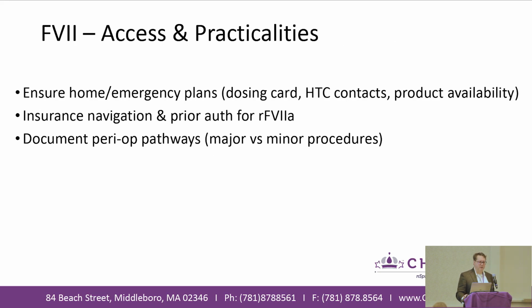Access and practicalities for this: making sure that patients with factor VII deficiency, as well as the other bleeding disorders, know what their diagnosis is, have an emergency plan, have that written down so they can share it with other providers. Like Bree said earlier, there are a lot of options for navigating insurance and prior authorization. Getting this all documented and shared with other providers is helpful.